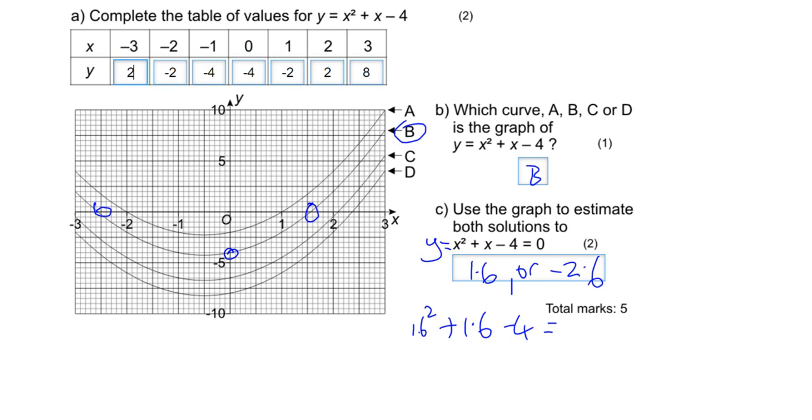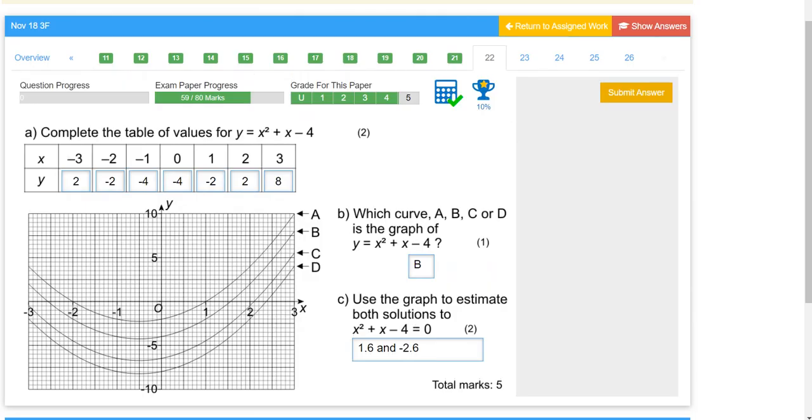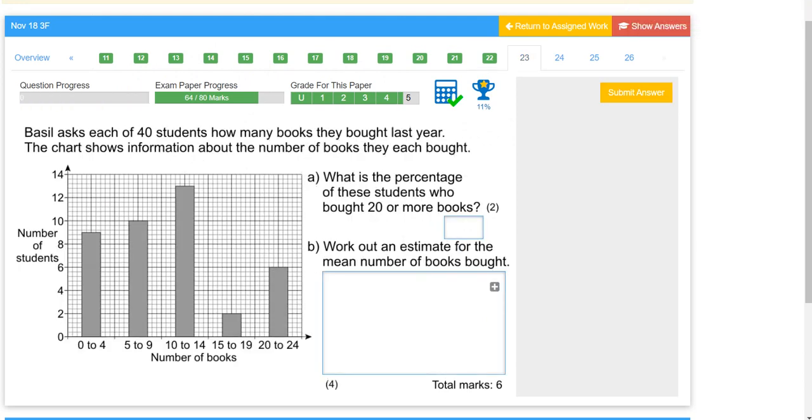So it's not quite 1.6, it's maybe a little bit more, but I think it's a good estimation. So I'll stick that into MathsWatch and see how we do. And there's a whole 5 marks to make our grade 5 very secure.